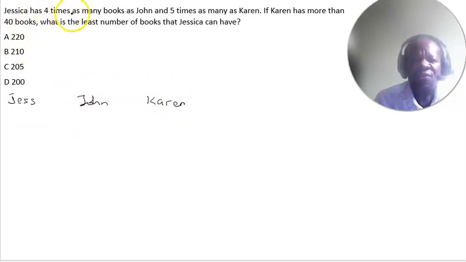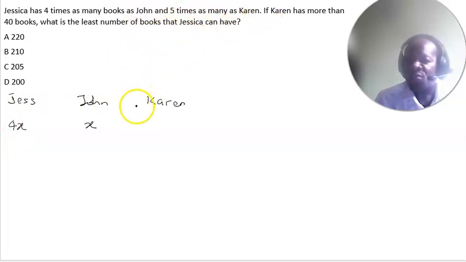Now Jessica has 4 times as many books as John. So that means if the number of books John has is X, the number of books for Jessica will be 4X. And 5 times as many books as Karen.